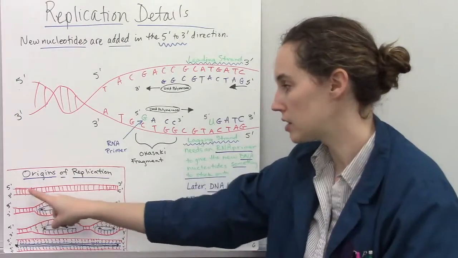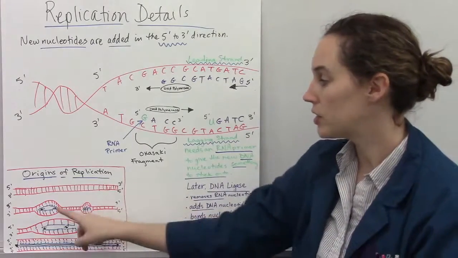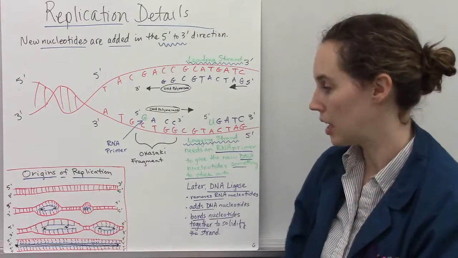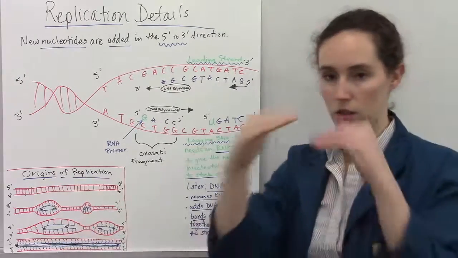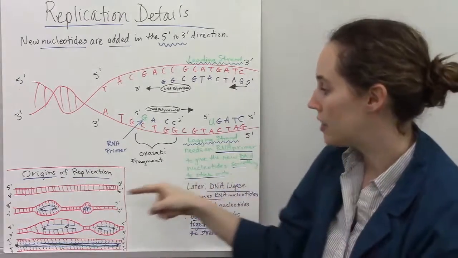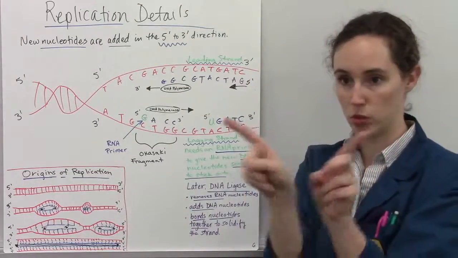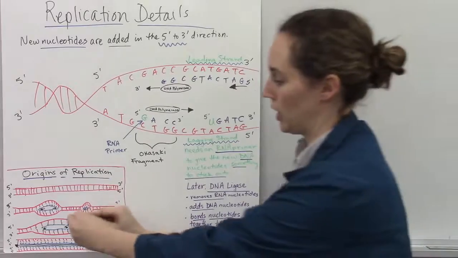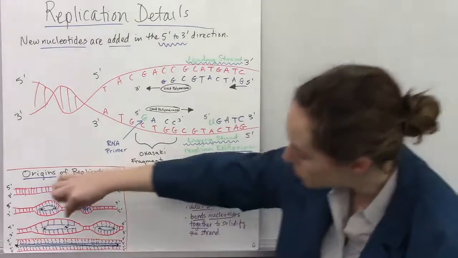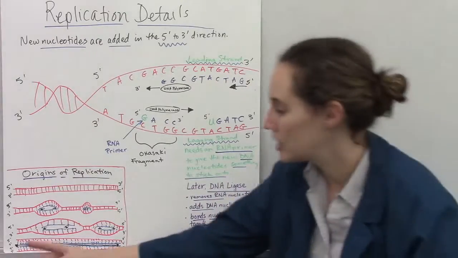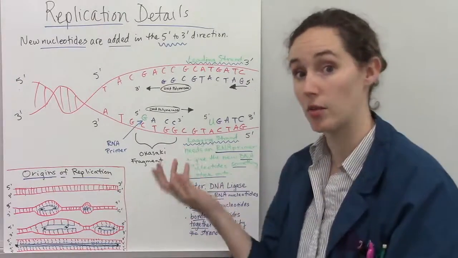So right here, if this is our parental strand of DNA, there are these little bubbles that come up, and this replication bubble will open and replication will start happening in two directions. And so those bubbles will get larger as DNA replication continues, and then those bubbles will finally fuse until you have two full chromosomes that have been replicated.